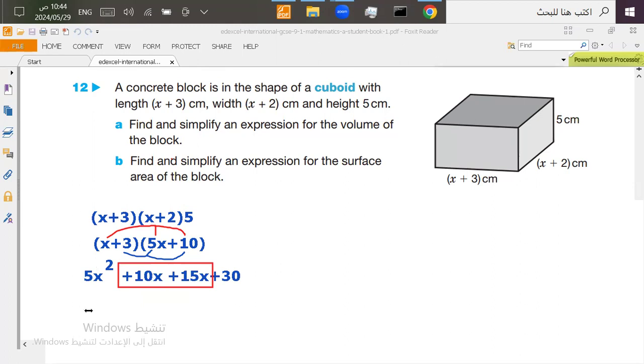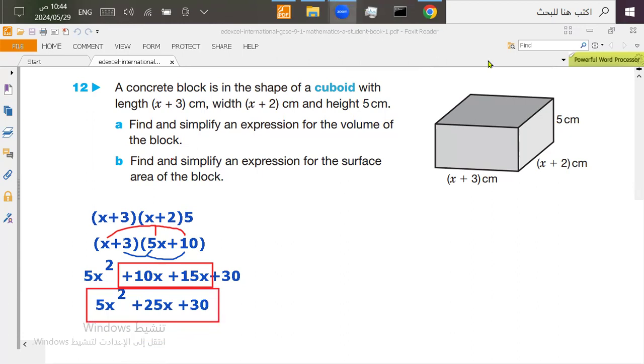So 5x power of 2, and then plus 10 plus 15 is going to be plus 25x, and then plus 30. And this is the final expression for the volume of the cuboid.